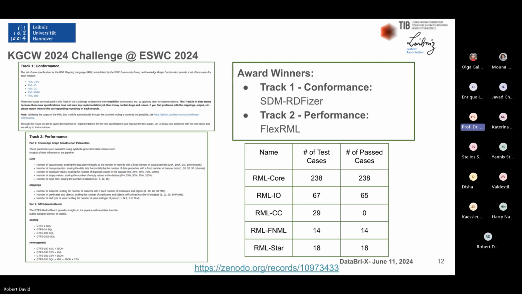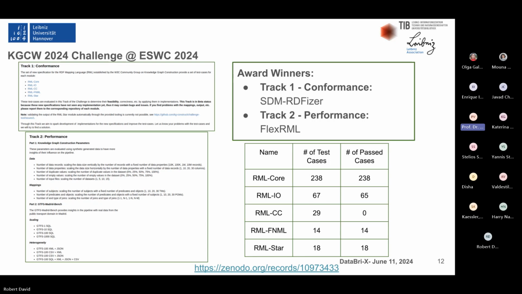In this challenge there was, as you see here, a long list of test cases, where the idea was to see how these test cases could be achieved by the different engines. As you see here, in order for the RDFizer to win this award, we had to implement and pass all these test cases. But still, the problem that we were seeing before, that there is no best engine, exists.